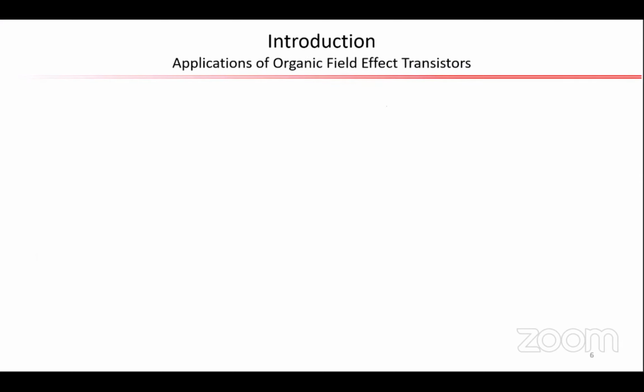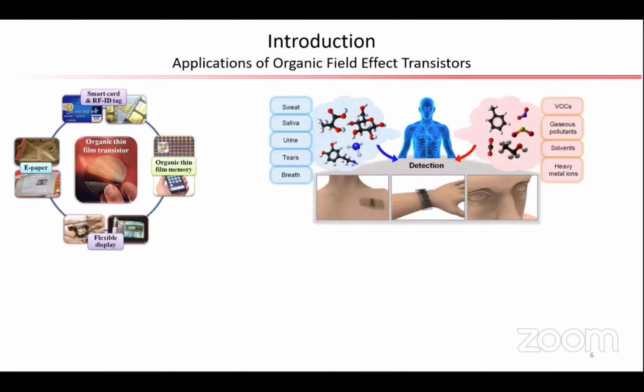As far as the organic field effect transistors are concerned, they find multiple applications in different areas. For example, I can name a few. These can be used to drive the front panel OLED displays. They can be used as electronic papers, in memory devices, in radio frequency identification tags, etc. Importantly, these devices can be used as gas sensors, chemical sensors, and biological sensors, and they can detect everything depending on their functionalization.